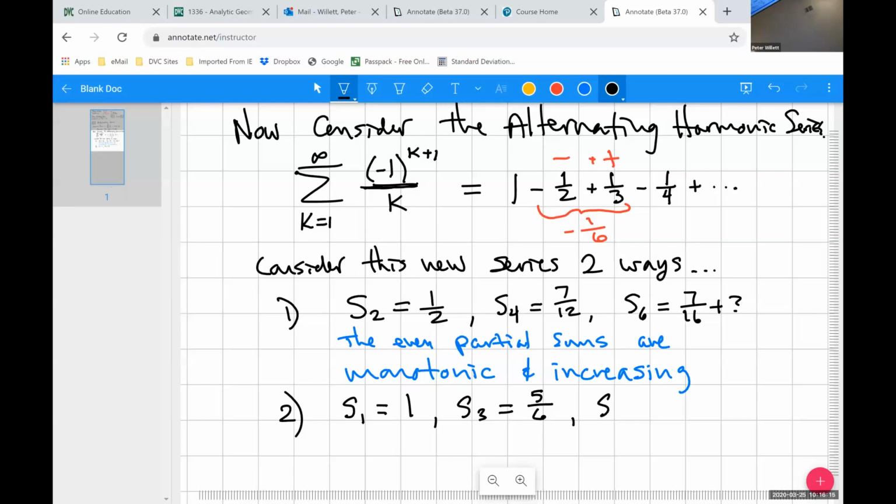If I look at S sub 3, I'm sorry, S sub 5, as we try to see a pattern here. When I go to the 5th term, I would add 2 more numbers, negative 1/4 plus positive 1/5. The pattern to see here is that you add a little negative number, and the negative number is decreasing in size.